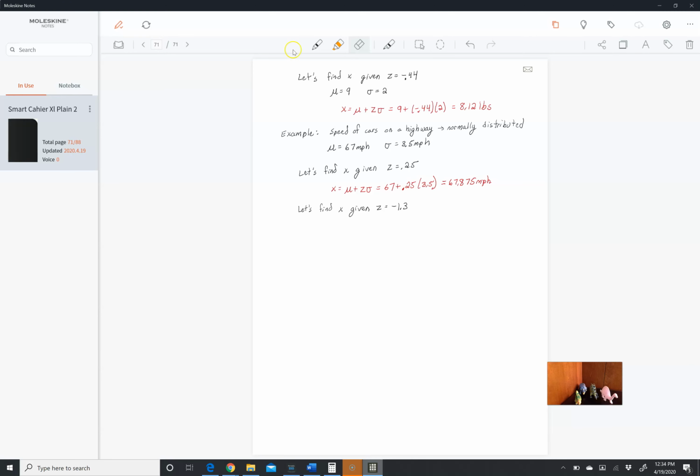So again, it's just a plug and chug. X is mu plus z times sigma. So we have 67 plus negative 1.3. The negative is going to tell you that you're going to be below the mean. I wrote 64, but I meant 67.